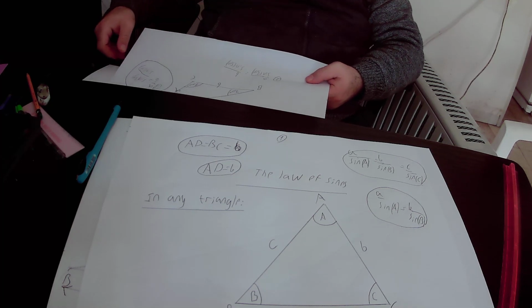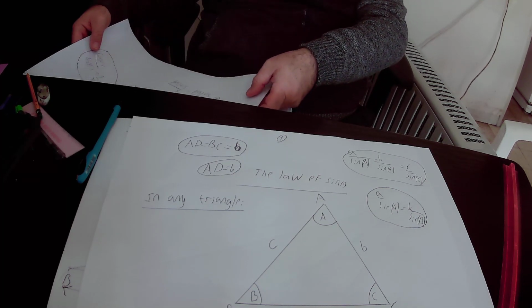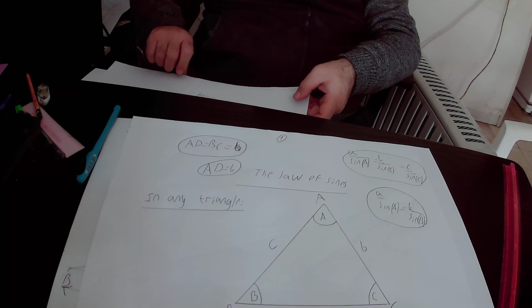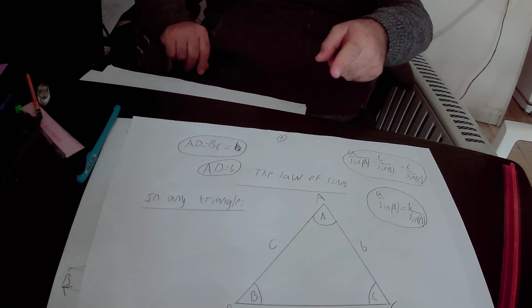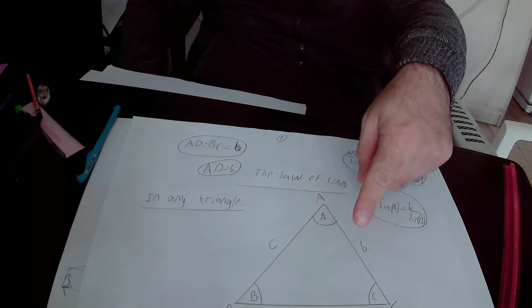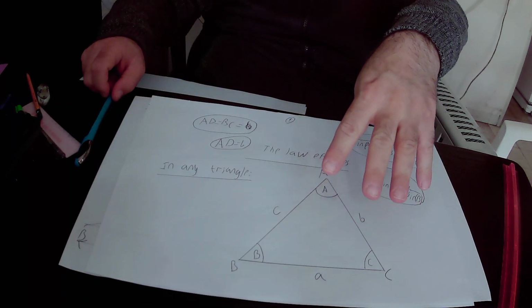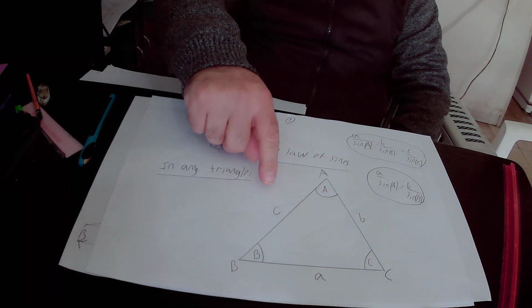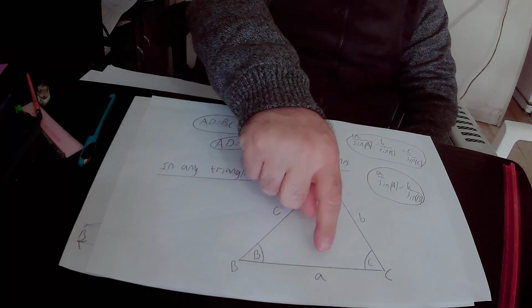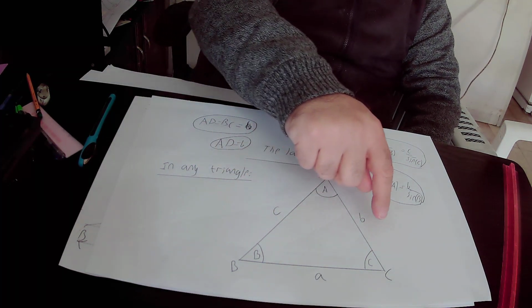And then I presented to you the law of sines. According to the law of sines, in any triangle, if this is triangle ABC, that could be any triangle, side AB equals C units, side BC equals A units, side AC equals B units.